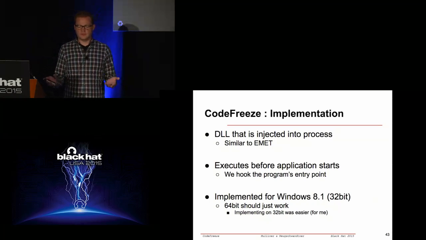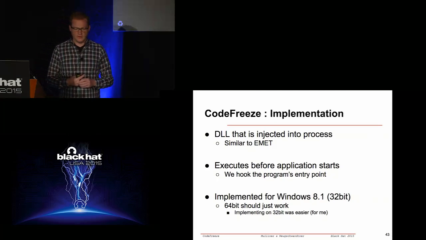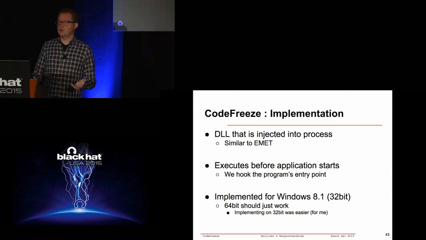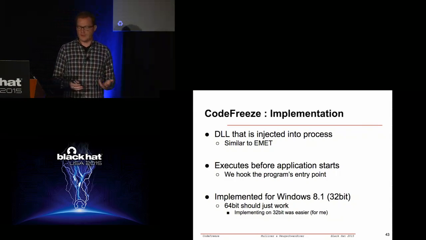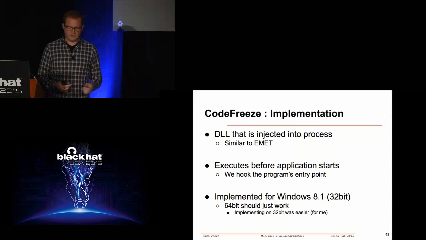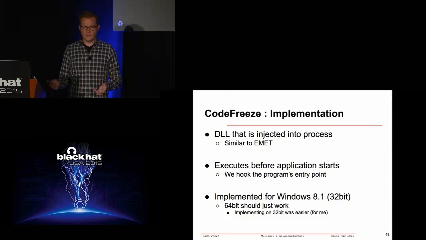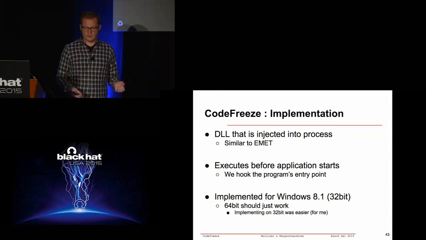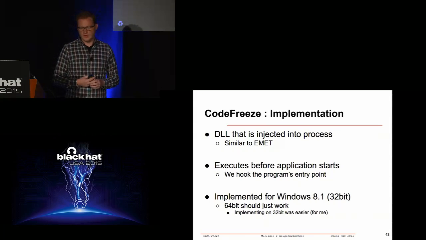And what our DLL actually does, once it gets loaded, it patches the program's main entry point so that our code executes before the application ever executes. So we can do all our operations. And then at the end we can just let the program execute normally.